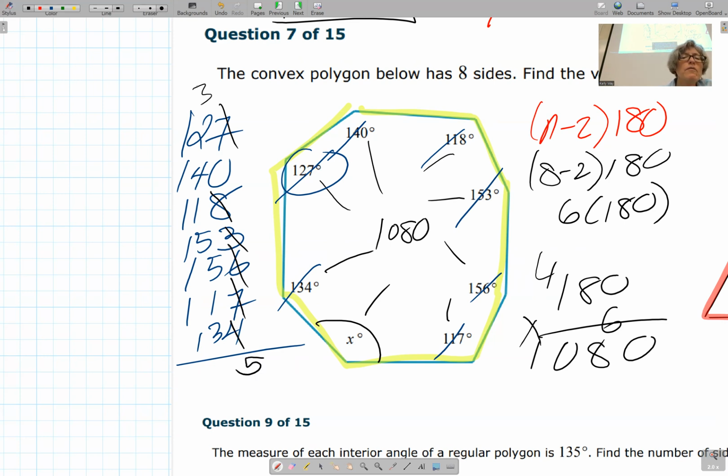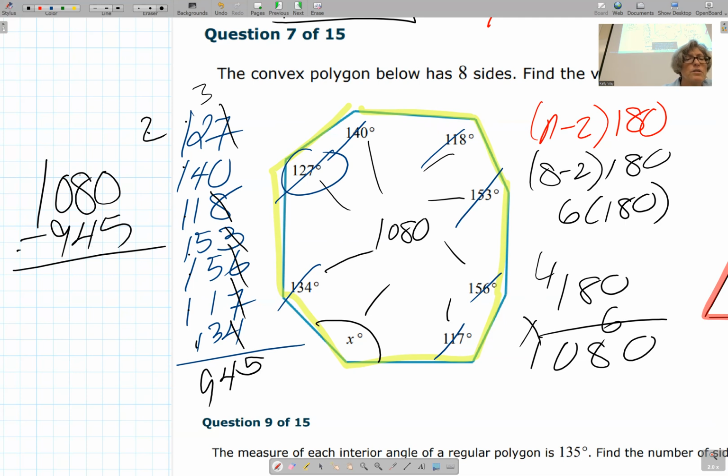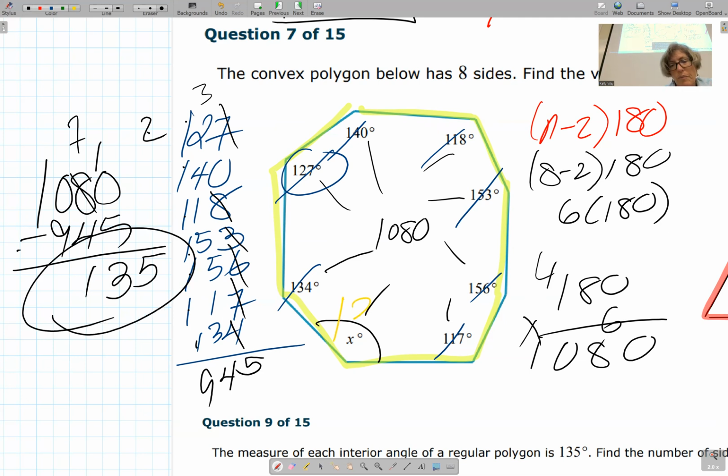Carry the 3. That's going to be 5. That's 9, 10, 20, 21, 24. Carry the 2, and so on. 945, and the total is 1,080. 1,080 minus 945 gives us the missing angle. Congratulations, you just found it.